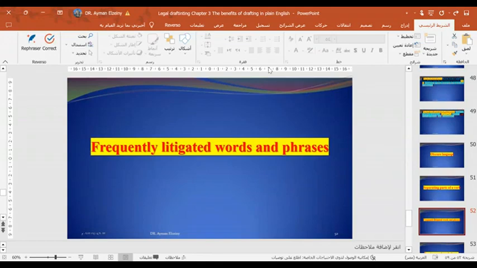In traditional English contracts, or drafters who use traditional English, endeavors, best endeavors, okay, commonly used. They promise to use their best endeavors to carry out a particular conduct or a particular act.